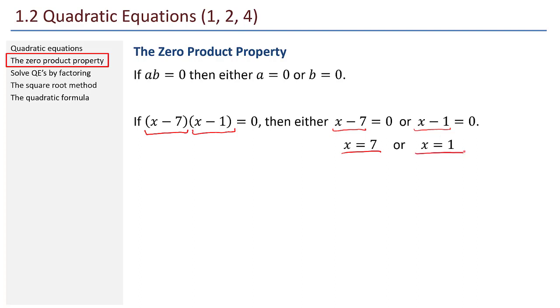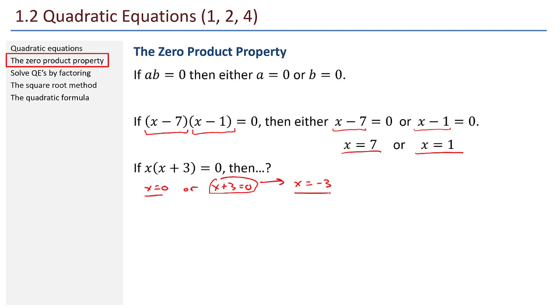So those are the two solutions to that particular equation. If I have x times x plus 3 equals 0, then what can I conclude? Looks like either x equals 0 or x plus 3 equals 0. And in this second case, that turns into x equals negative 3. So x equals 0 or x equals negative 3.